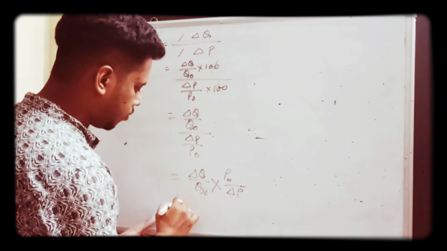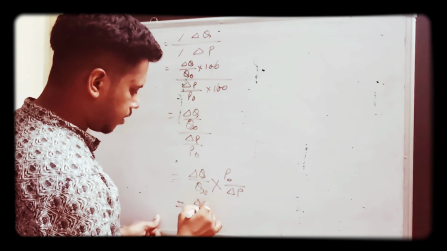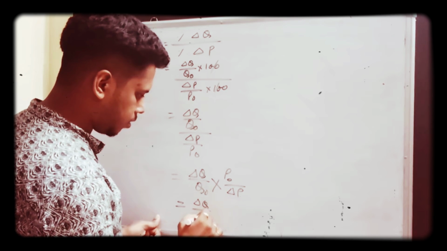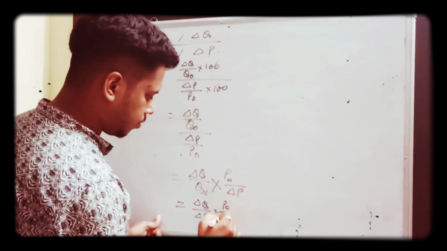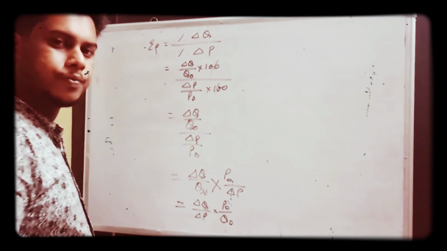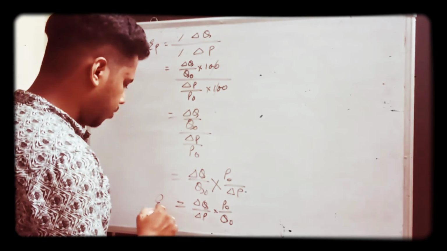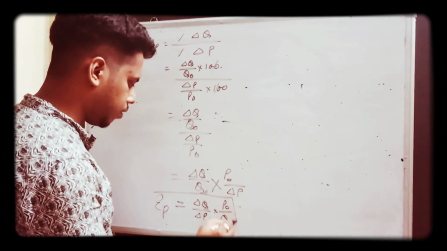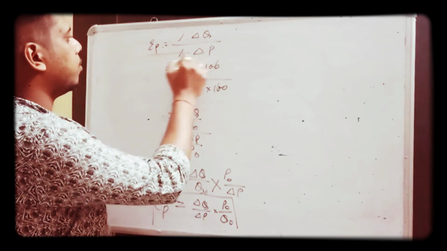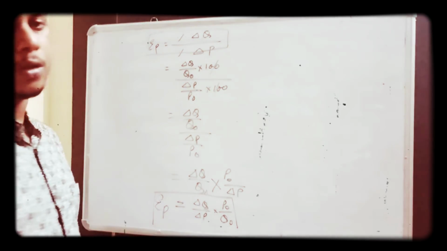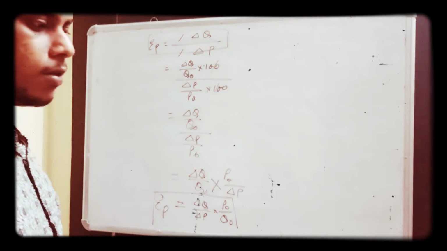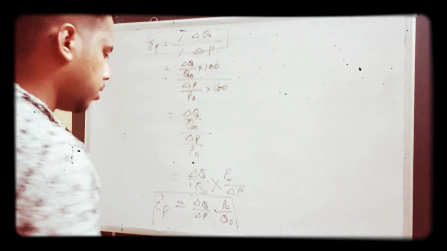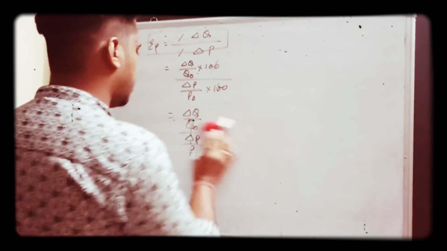And lastly, what we can do, we can bring the del terms one side and keep the other terms together. Okay, so we shall use this formula as well as this formula while doing the diagram, while doing the sums. Okay, so this is the derivation of the formula of price elasticity according to the percentage method or the proportionate method.